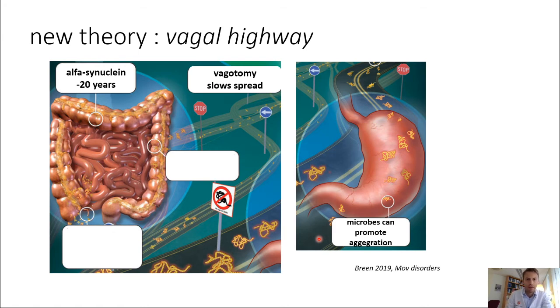So if you had it in your early adulthood, there's a slightly lower chance of developing PD compared to cohorts that didn't have vagotomies. This doesn't help if people already have PD because the disease has already reached the brain, so it's not a secondary prevention treatment that we can use.